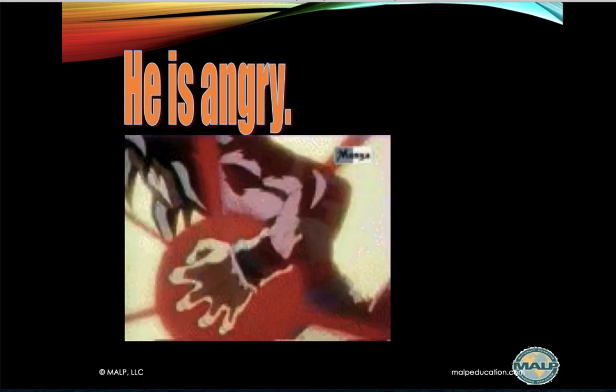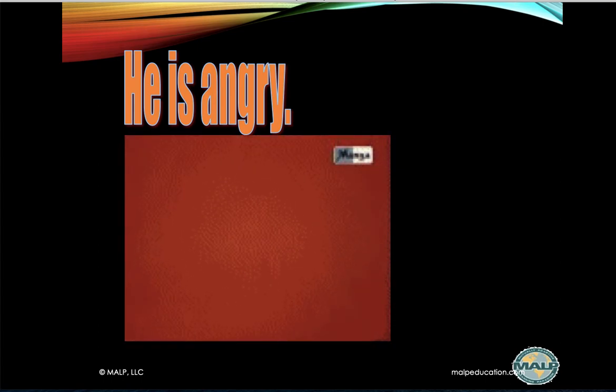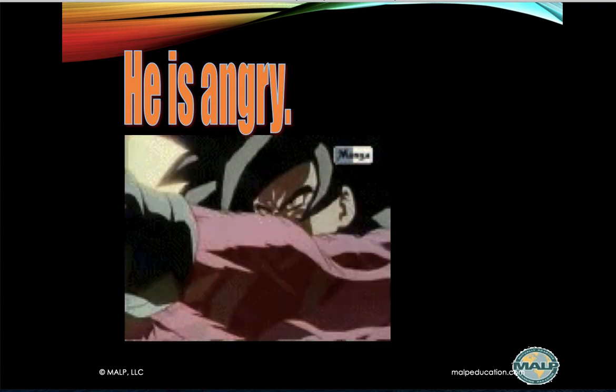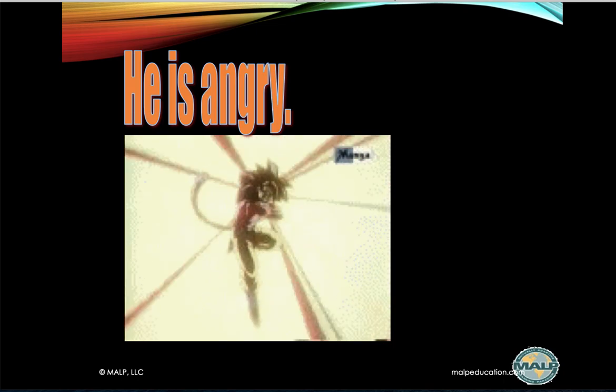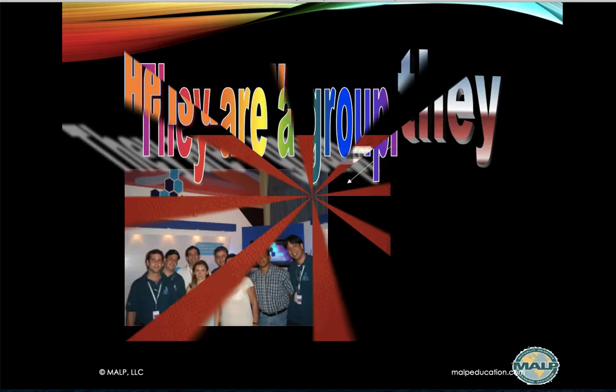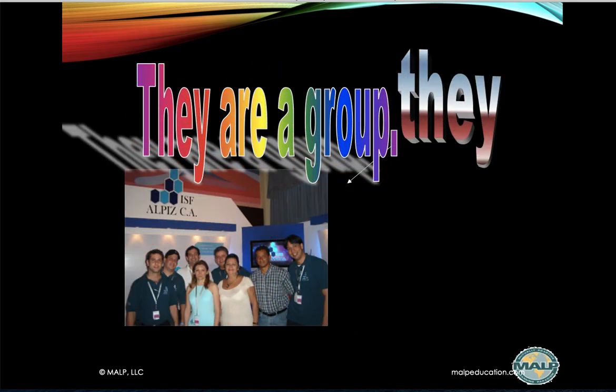So the next one is a feeling. And we might think maybe he's really expressing a feeling here, right? Angry. Okay. And then the next one, they are a group. So notice the people. It must be some people that he found that he connected with in some way. And there's an arrow pointing again, and the pronoun.